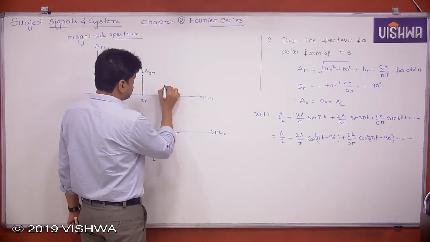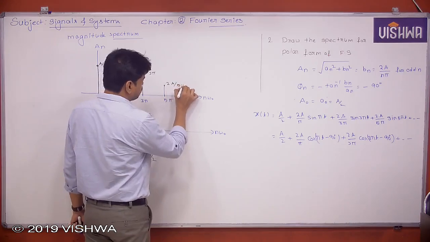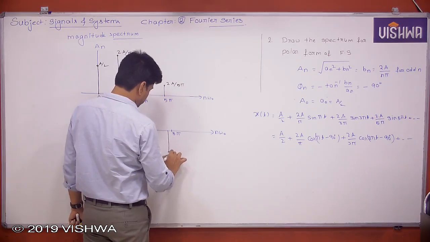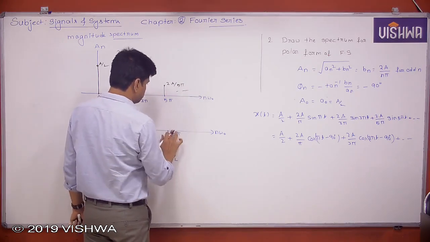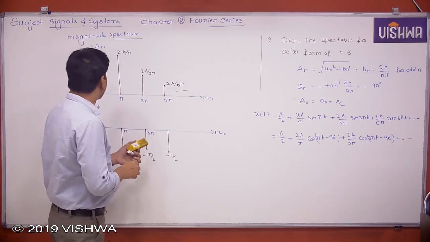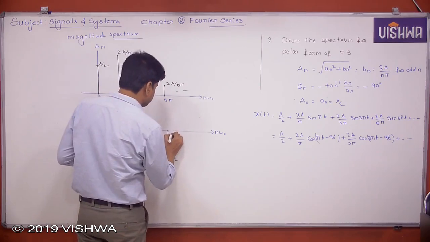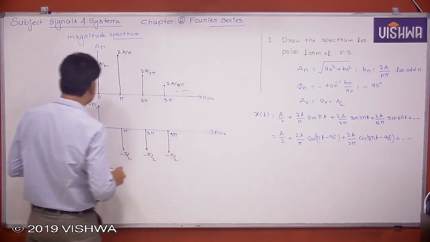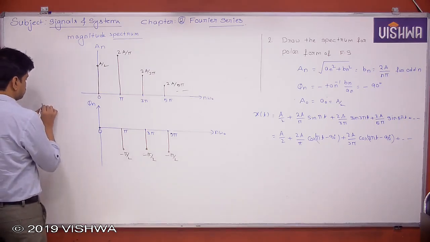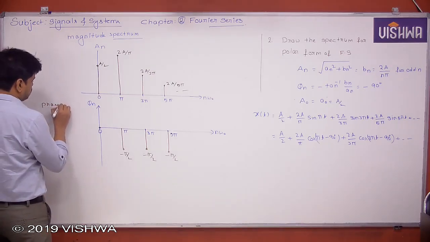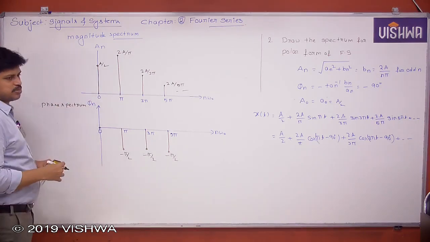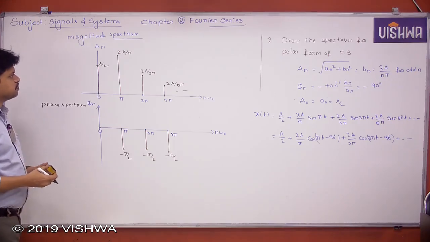Next 2a by 5 pi magnitude, next phase angle again minus pi by 2, and so on it will go. So this is nothing but the magnitude spectrum and this is the phase spectrum. Clear?